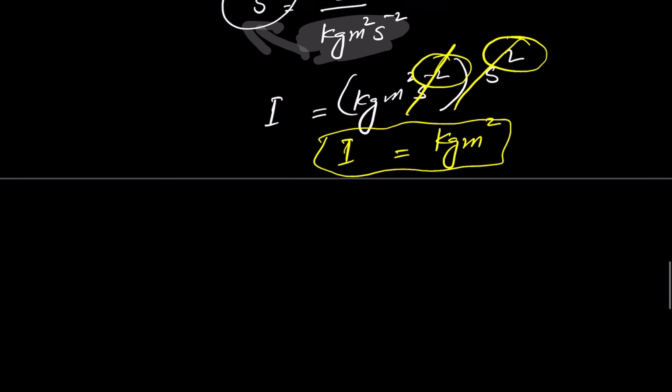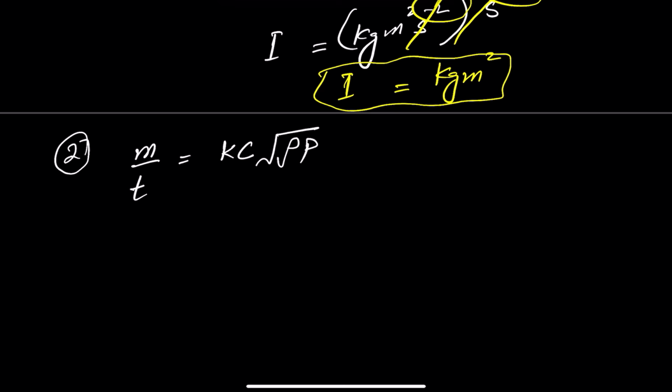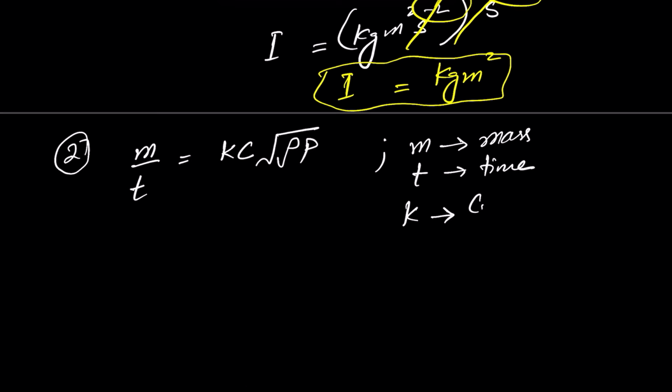Okay, let's discuss another example of the same type. Let's suppose the equation is m over t is equal to k c under the root of rho into p. Let's define what they are. m is mass, t is time, k is some constant without units.